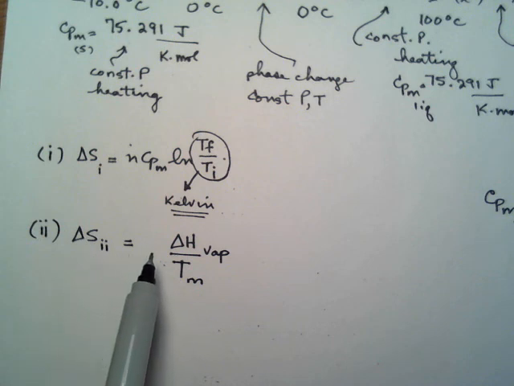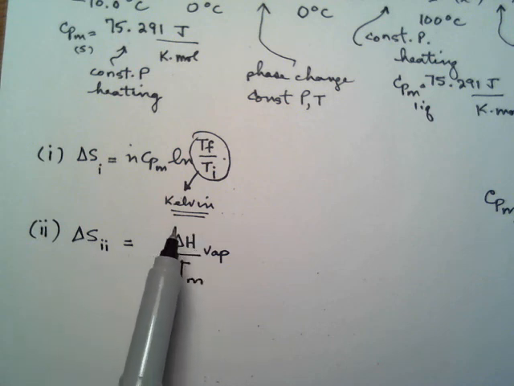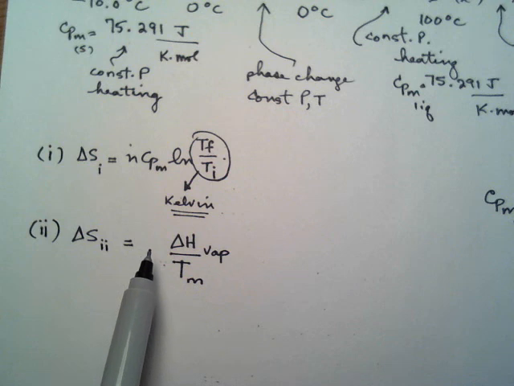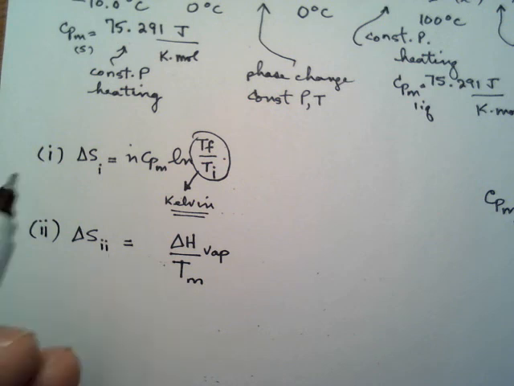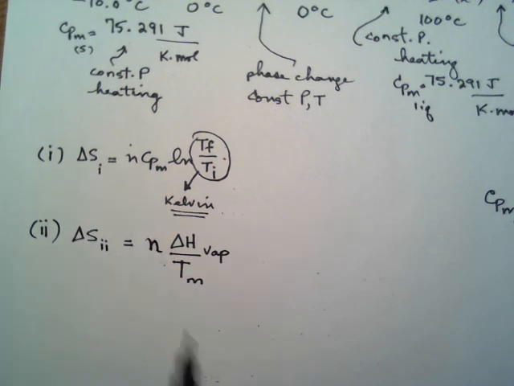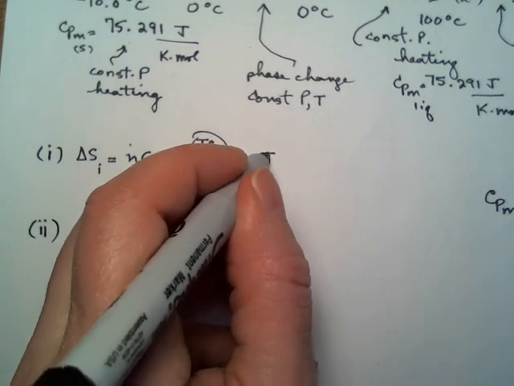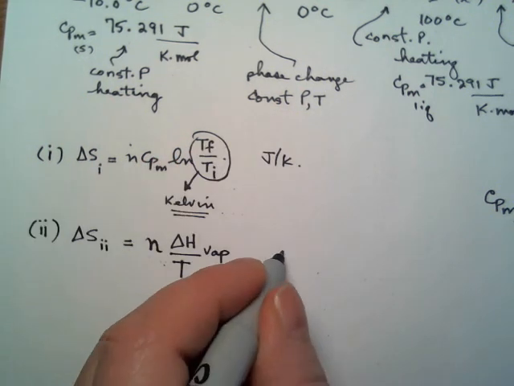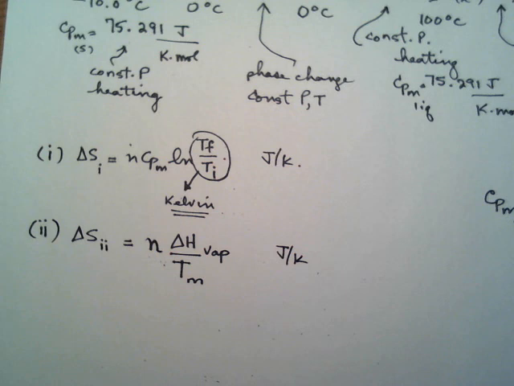At the moment, this will be in joule per K mole, because delta H is joule per mole. So don't forget that this is specific to this 10-gram sample. So you'll have to determine how many moles 10 grams is and multiply this here. That way you've got joule per Kelvin as units, joule per Kelvin as units.